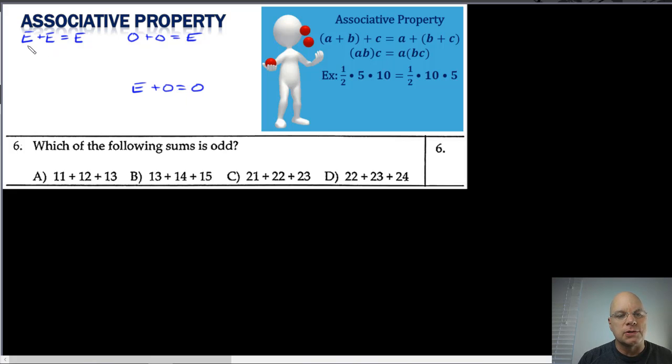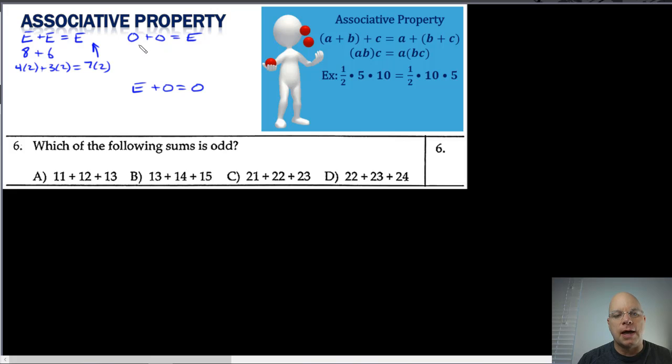But the reason for this is, just take any even number. Think of a number like 8 plus a number like 6. It's just multiples of 2, right? It's 4 2s and 3 2s. If you add them together, you get 7 2s. If my even numbers are all multiples of 2 and I add them together, I just get some greater multiple of 2, which will always be even.